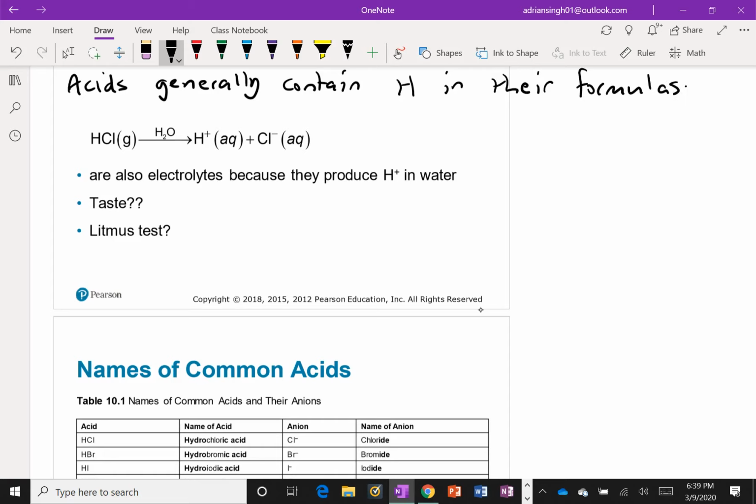That's a quick way to identify an acid, and that H is usually written first in the chemical formula for an acid. Acids are things that, when you dissolve them in water, dissolve by breaking apart into ions. Specifically, the ion that makes an acid is this one, H+.